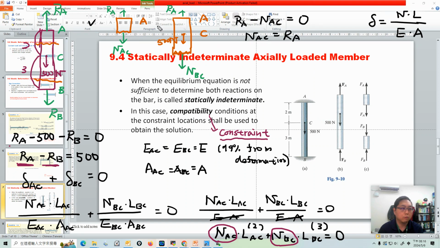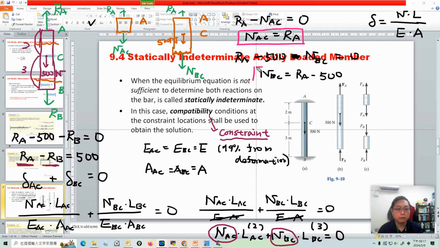Then the second one: RA points up and 500 Newton points down, so RA minus 500 minus NBC, with NBC pointing down, equals 0. This tells you NBC is equal to RA minus 500. So NAC equals RA and NBC equals RA minus 500.